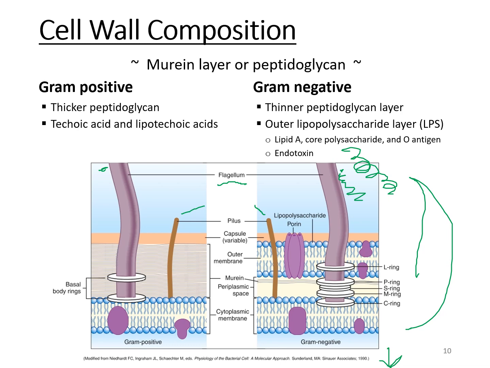There could be something coating it, a slime layer, various things that could be on this outside. And then depending on what particular organism it is, if it's a gram-negative, you actually have this outer membrane here. So you have this layer that contains this lipopolysaccharide layer on the outside of that cell wall.